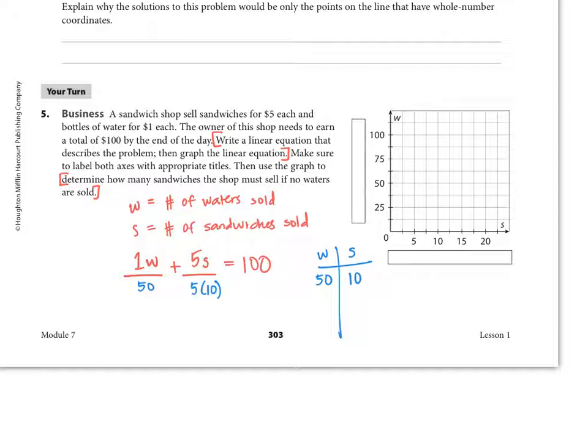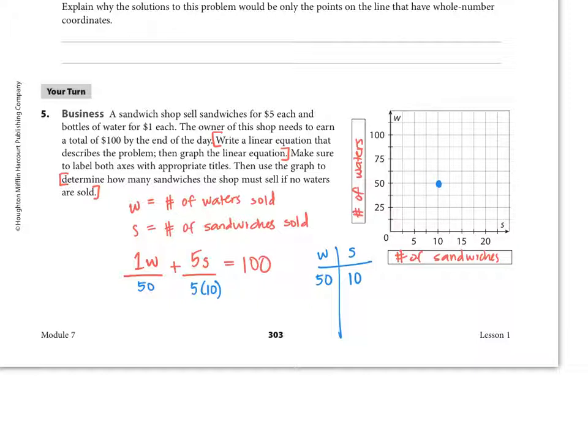Before we start graphing this, the y-axis is going to be the number of waters sold. So I'm just going to write number of waters. And then my x-axis is the number of sandwiches. And 10 sandwiches would mean the shop would have to sell 50 waters.